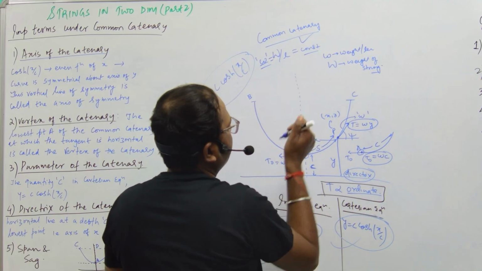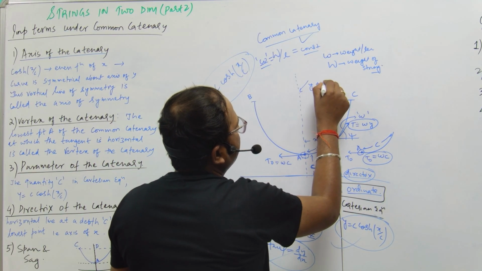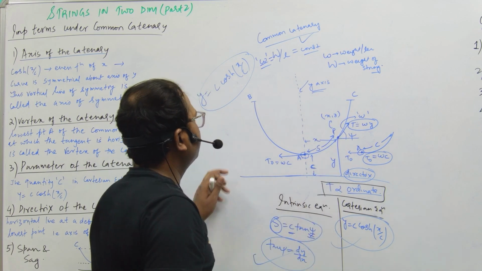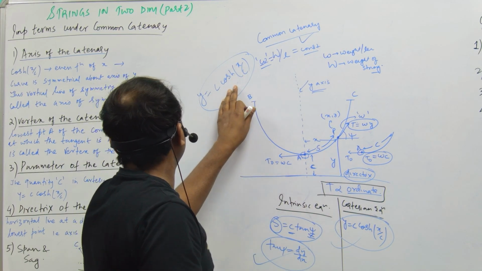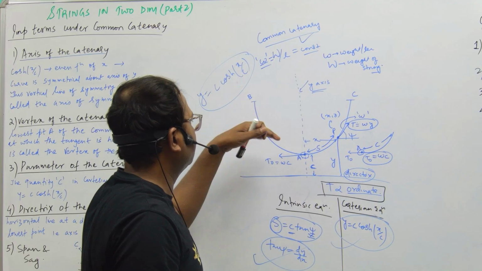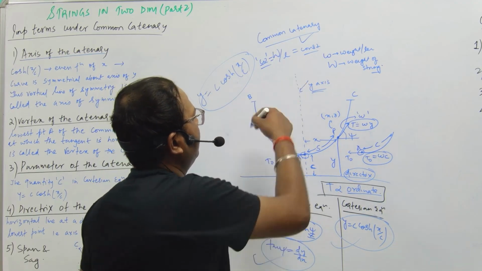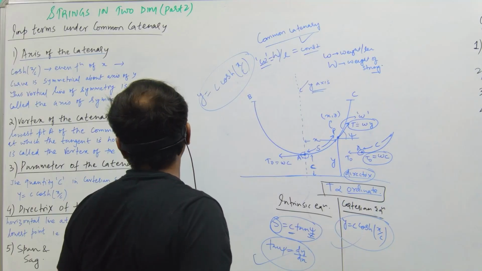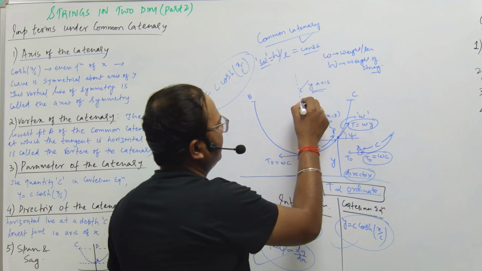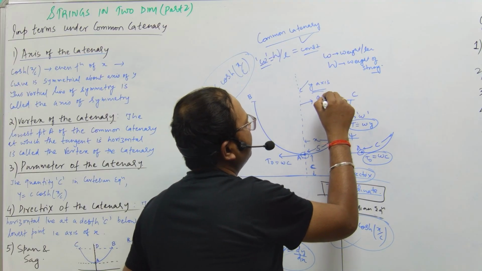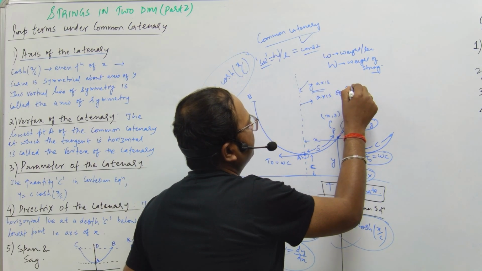The vertical line of symmetry is called the axis of symmetry.